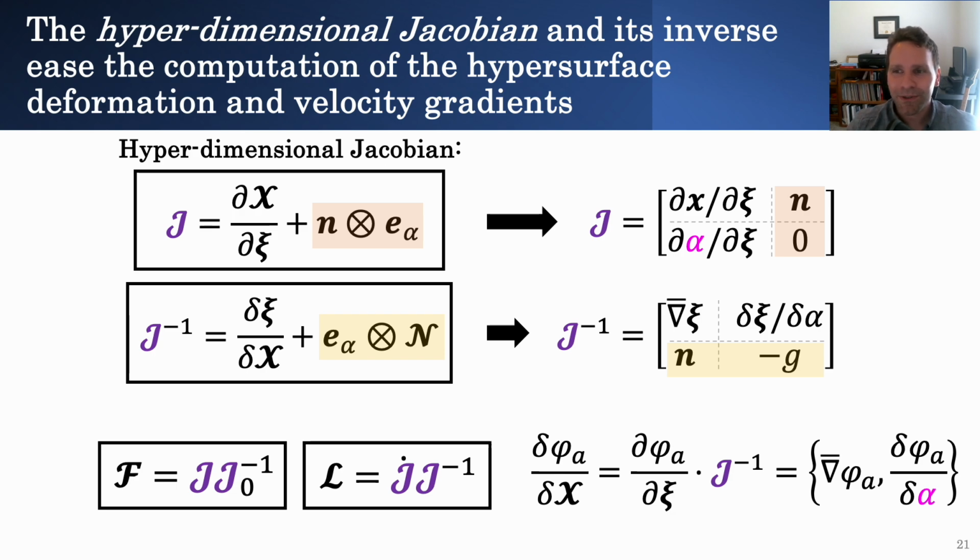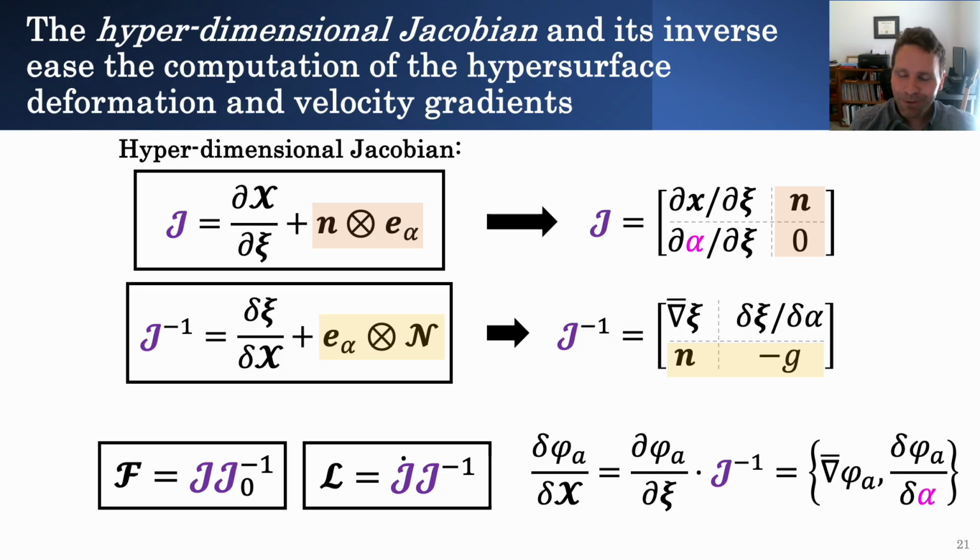You'll have more rows in your Jacobian involving the spatial coordinates x and this hyperdimensional coordinate alpha, and then you have coordinates associated with the parametric domain of the element, represented in terms of the parametric coordinates c. So obviously that means you can't invert the Jacobian anymore because it's not a square matrix. And even if it was a square matrix, it might not necessarily be invertible.